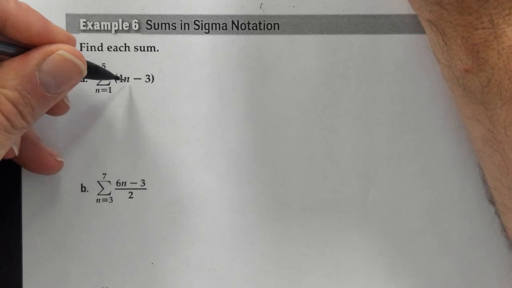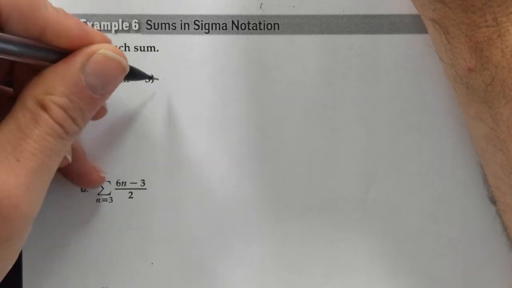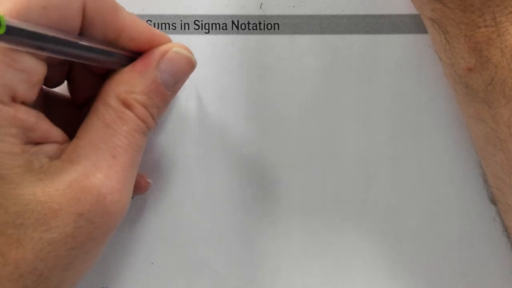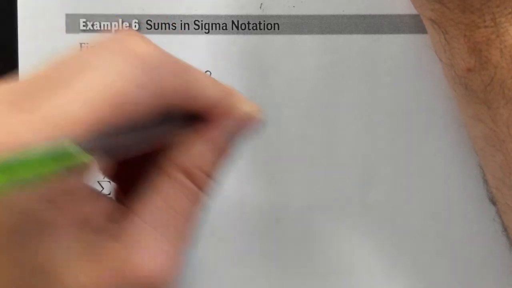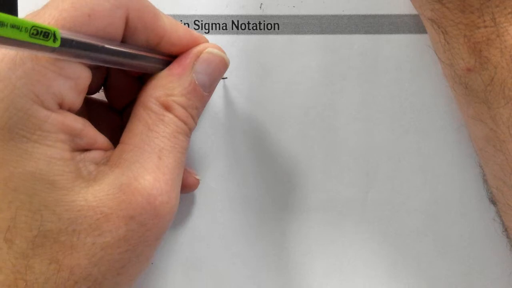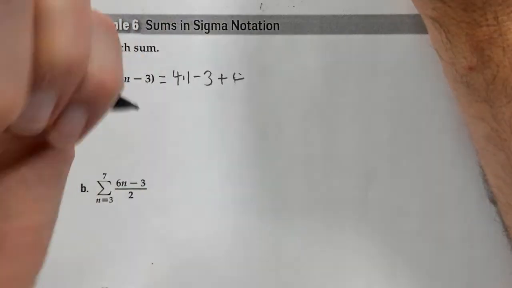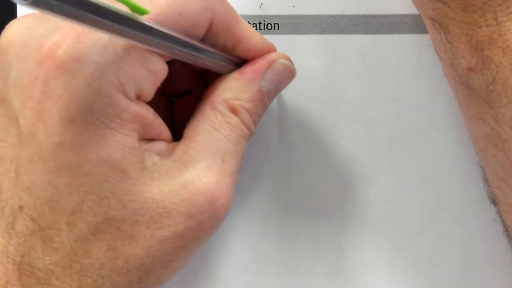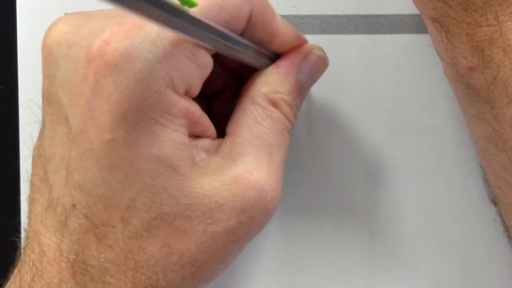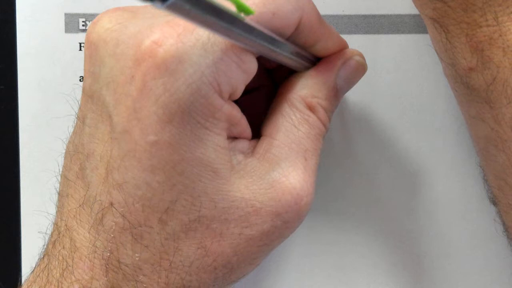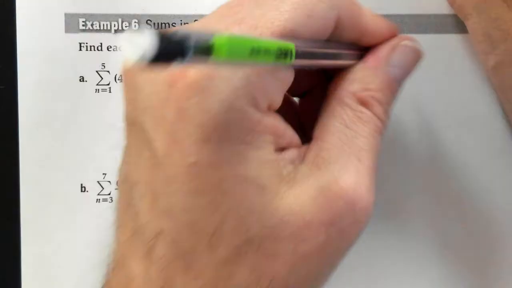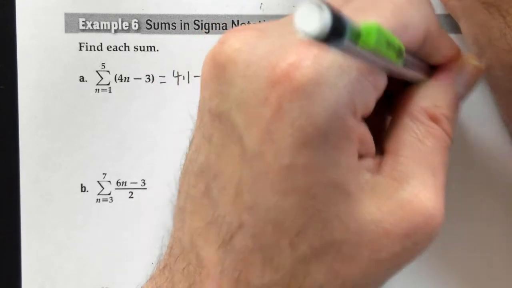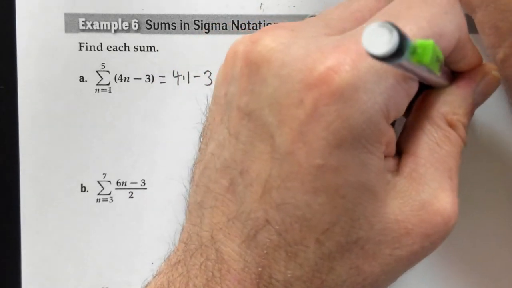So if I plug in a 1 here, then what's the first term going to be? Well, it's going to be 4 times 1 minus 3, plus the second one is going to be 4 times 2 minus 3, plus 4 times 3 minus 3, plus 4 times 4 minus 3, plus 4 times 5 minus 3.